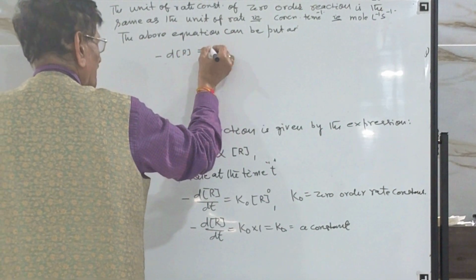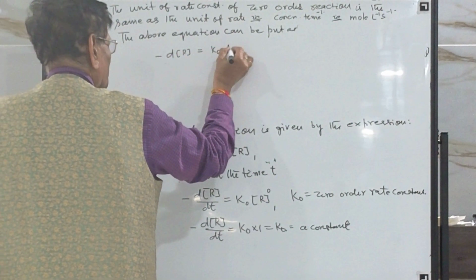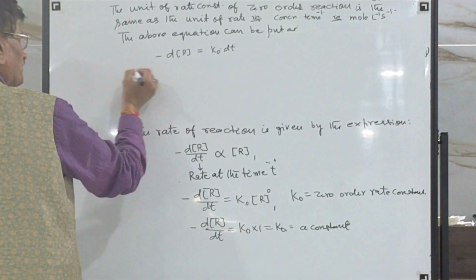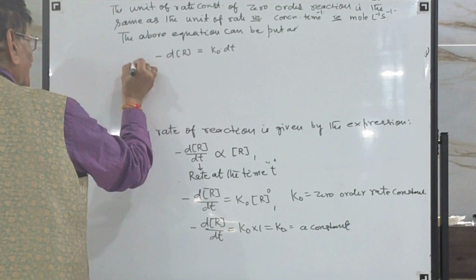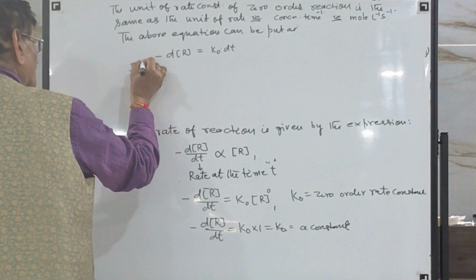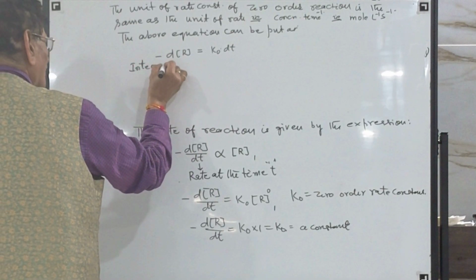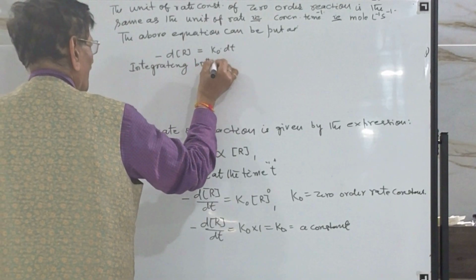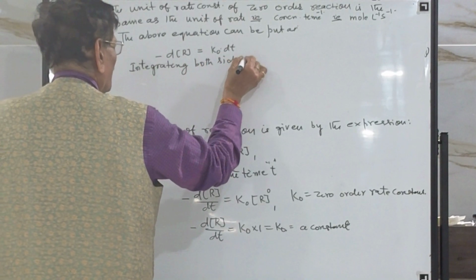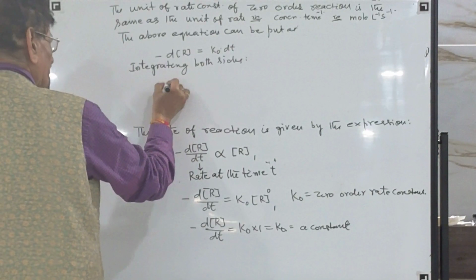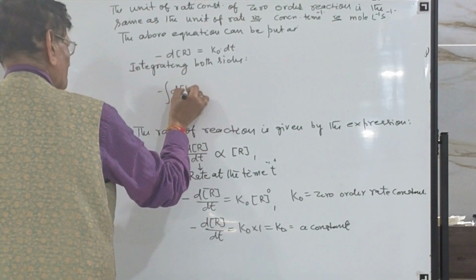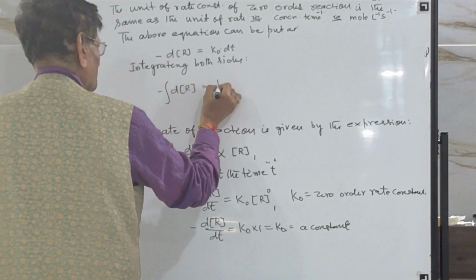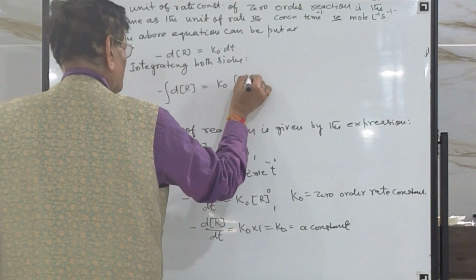This is equal to K naught into dt. Integrating both sides, minus this is VR, this is K naught dt.